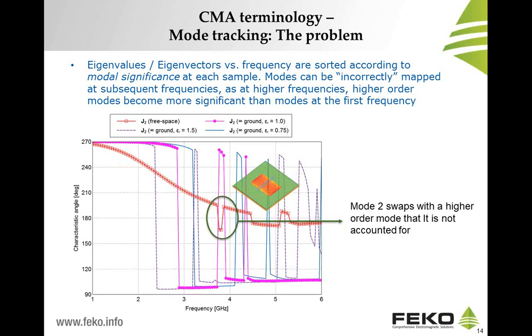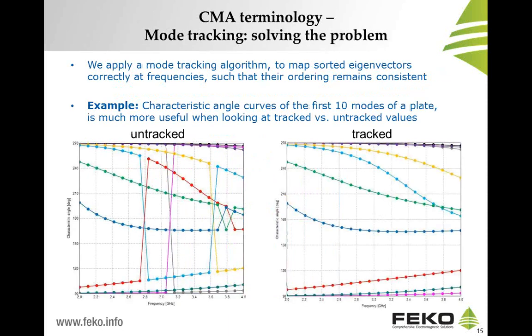And in summary, we cannot use characteristic angle or eigenvalue graphs plotted as a function of frequency if we see this jumping type of behavior. So the way that we want to go about this is to transform untracked graphs, such as the ones shown here at the bottom left-hand side of the screen, into tracked graphs, from which we can deduce much better where the resonating properties of certain modes are.